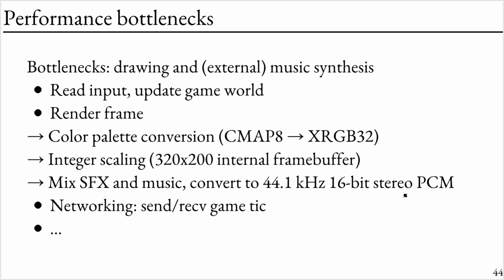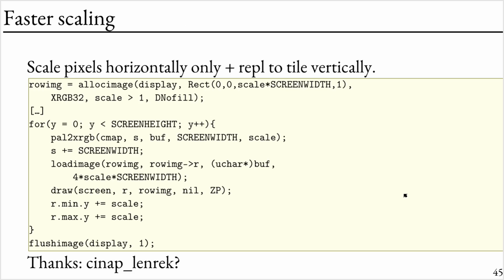The biggest bottleneck here is drawing to the screen, doing the scaling, followed by the palette conversion, and then reading in and mixing music samples. So for scaling, and I'm not sure who came up with this idea initially, but essentially we can just scale pixels horizontally in the code, and then we can use the replication flag in a lock image to scale vertically.